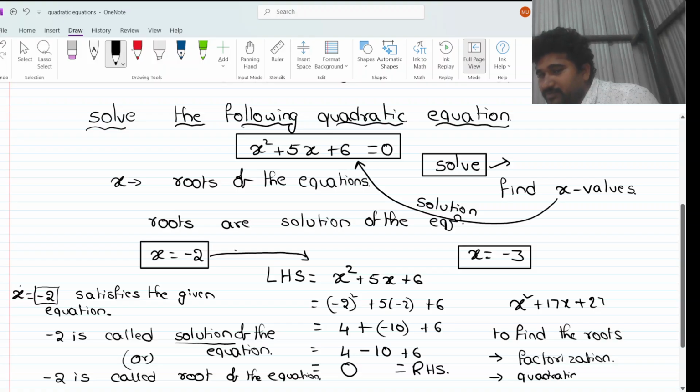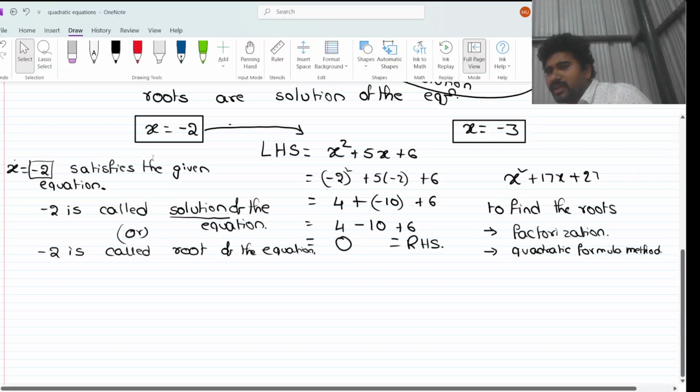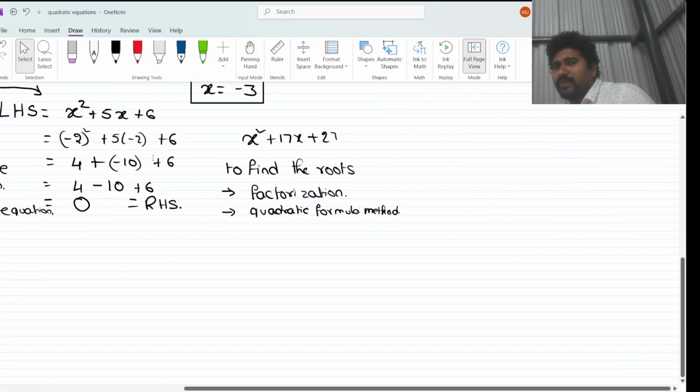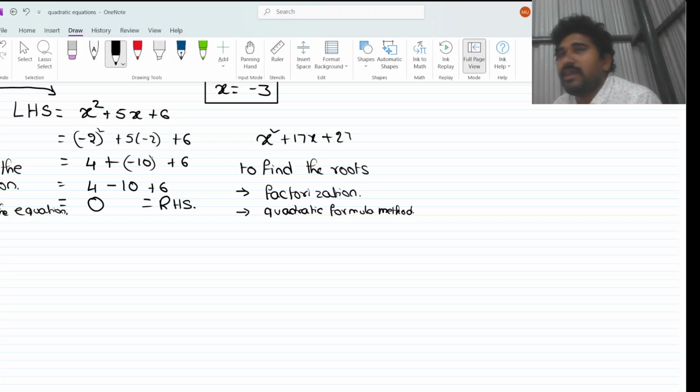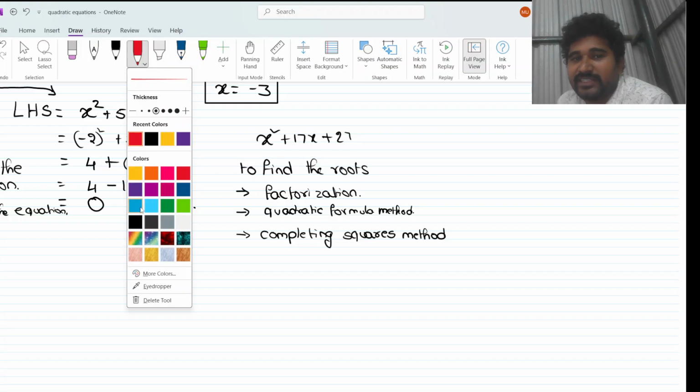The second method is the quadratic formula method. Actually, there is one more method, the completing squares method.